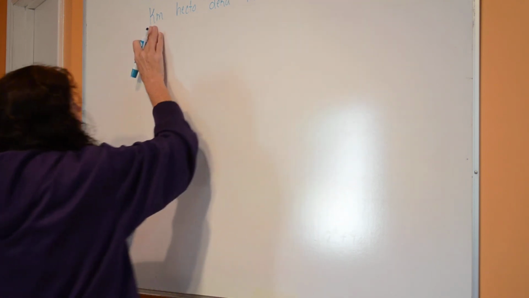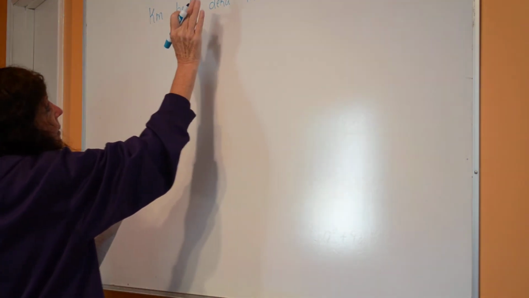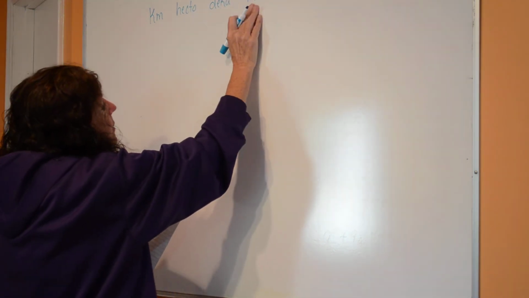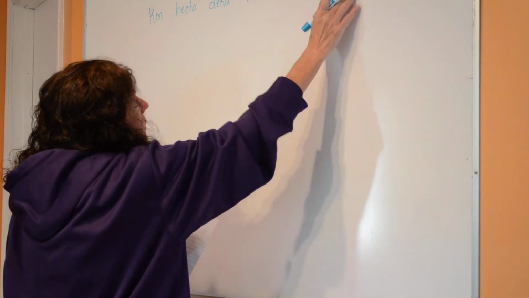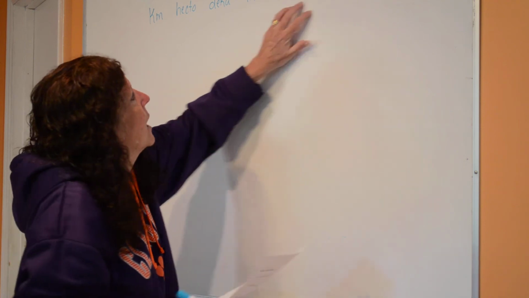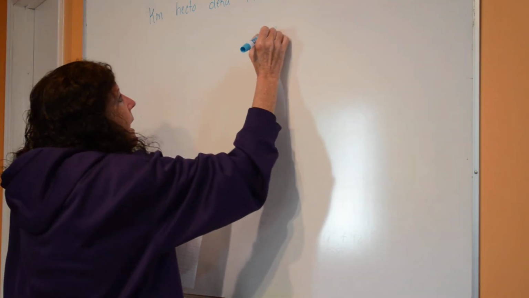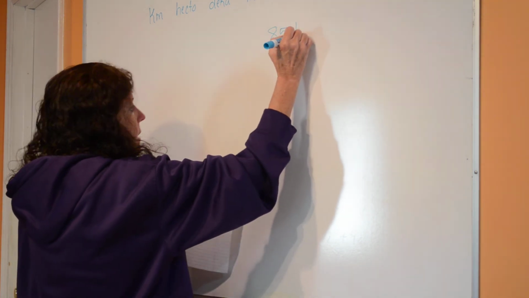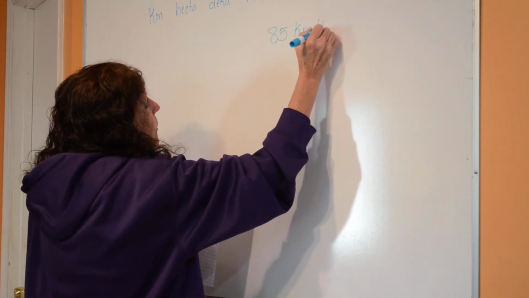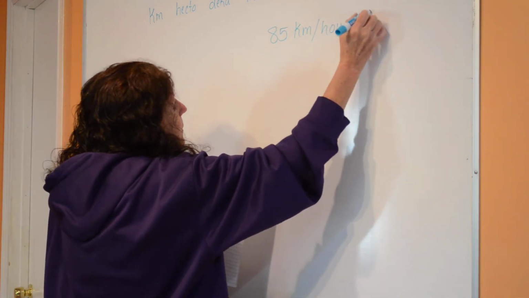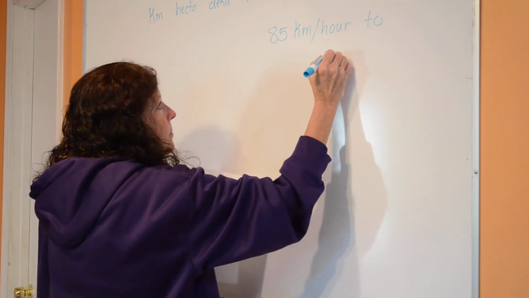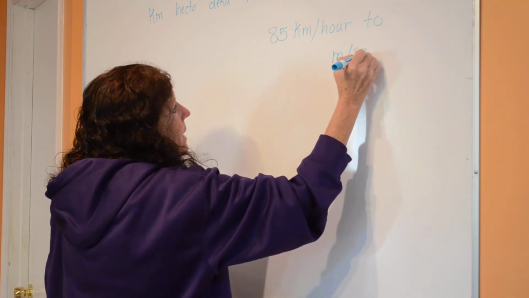Where you have the kilometer, the hectometer, the decameter, the meter, the decimeter, the centimeter, and the millimeter. These are all smaller than a meter. These are all bigger than a meter. And I've got 85 kilometers per hour that I want to change to meters per second.